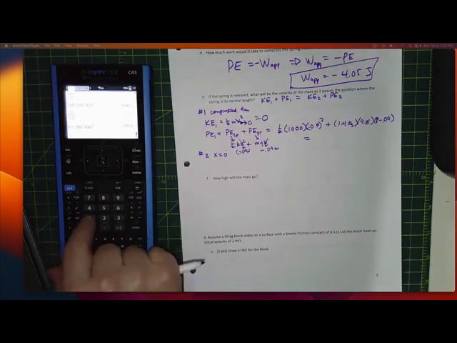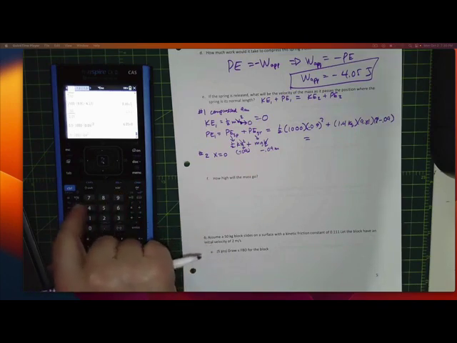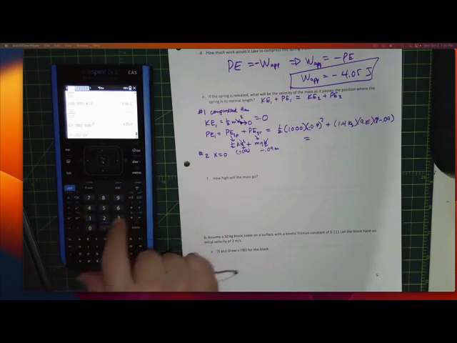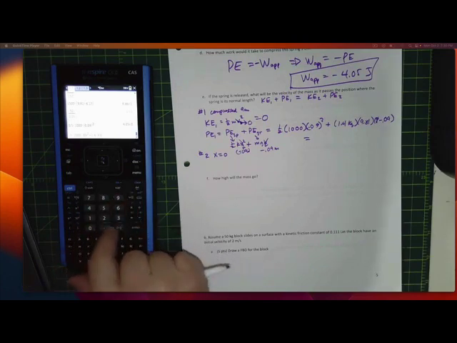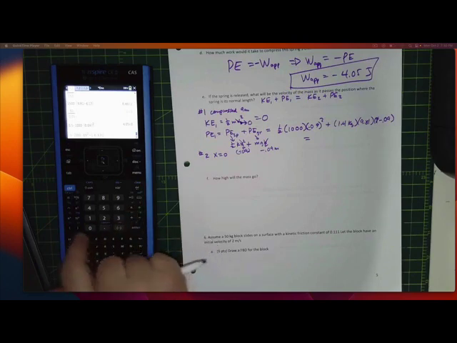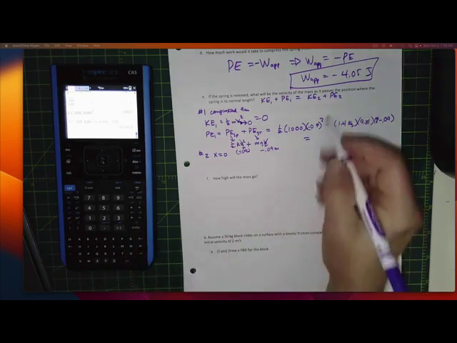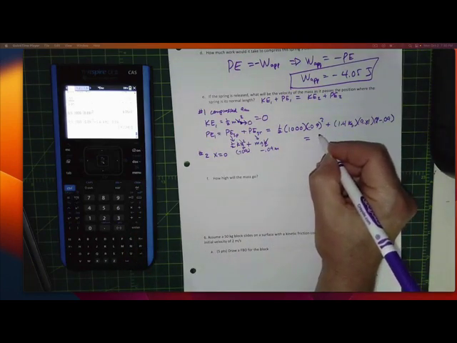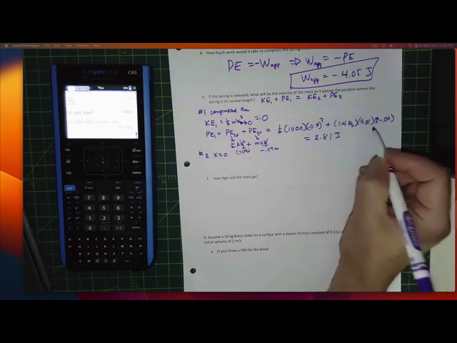0.5 times 1,000 times 0.09 squared plus 1.4 times 9.81 times negative 0.09. Overall the potential energy still ends up being positive, 2.81 joules.